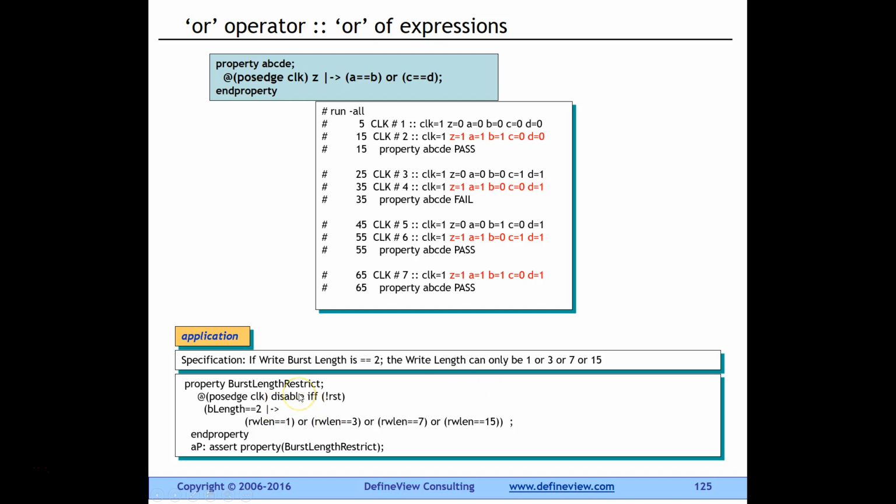Property burst length restrict says that at positive edge of clock, disable if reset, burst length of 2 implies that write length can be 1 or 3 or 7 or 15. So here, as you can see, it's an OR of expressions, and then you assert the property. So it's a very simple application, but some of the simpler applications, if you pay attention, will be very useful in your project.